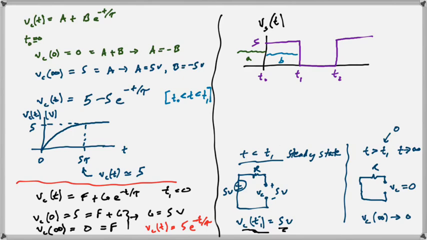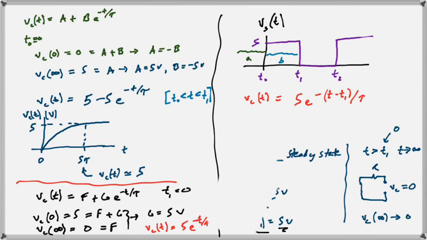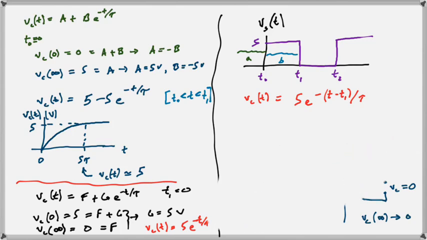So how do we do that? We just say, okay, VC of t is 5 e to the negative t minus t1, there's our time displacement, over tau. And if we were to combine these, I'm going to erase this now, we get something that looks like this.